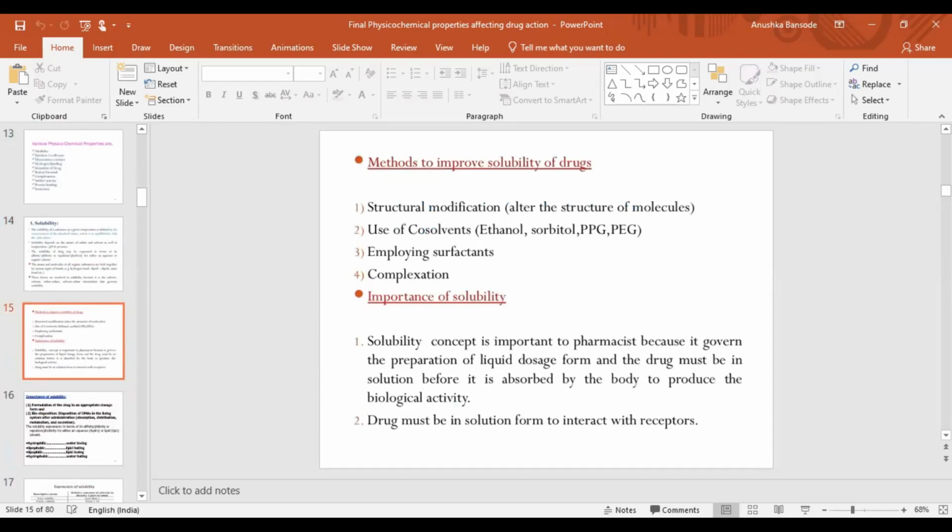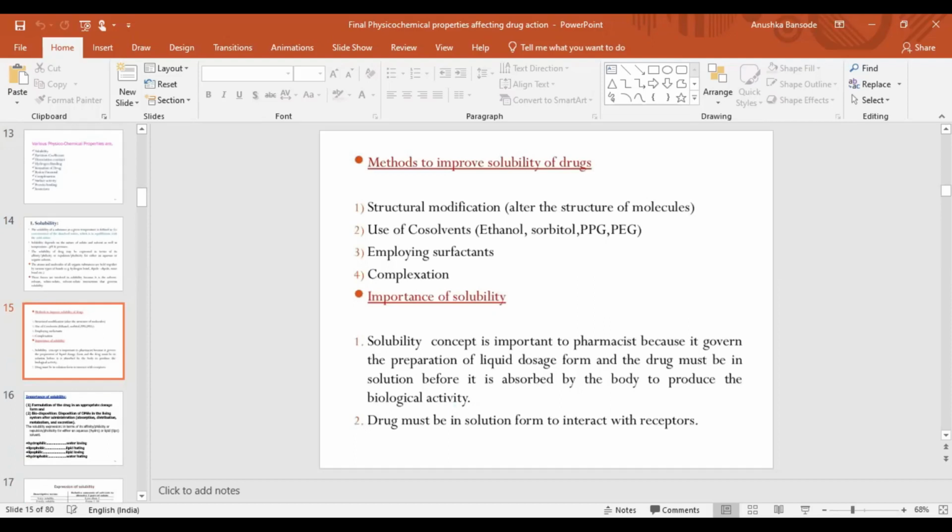So these are the methods which are going to improve the solubility of drug. To improve the solubility, we can modify the structure by altering the structure of the molecule. We can use co-solvents, for example ethanol, sorbitol, PPG and PEG, by employing surfactants, and by using the method of complexation.